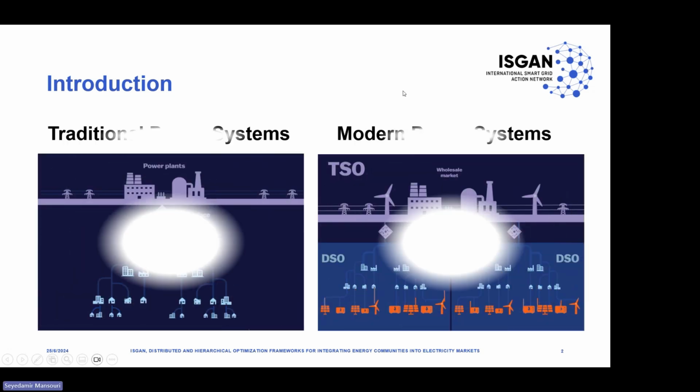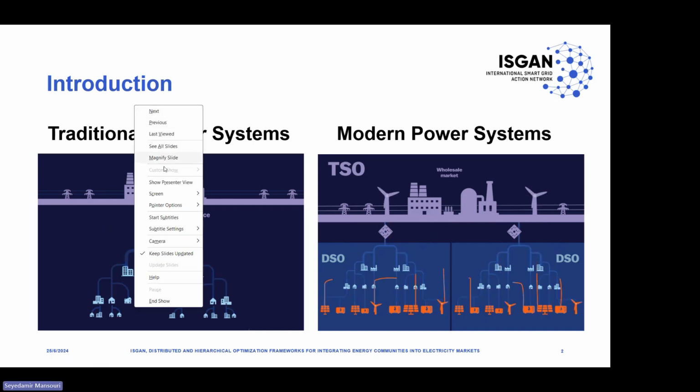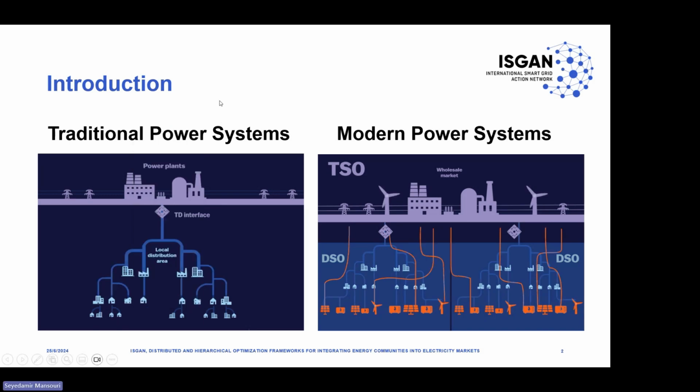So here I provide a slide to show you the differences between traditional and modern power systems. As you can see, in the traditional power systems, we had a unidirectional power flow from transmission to distribution with passive demand side resources or consumers.